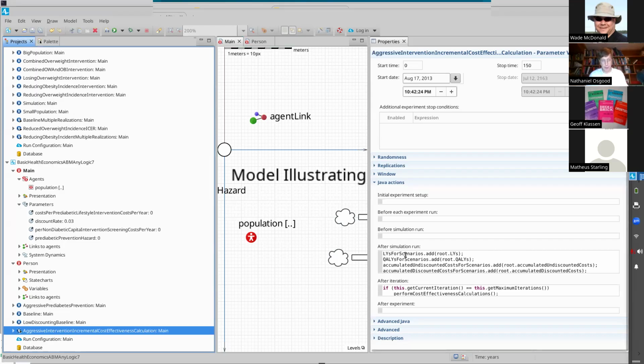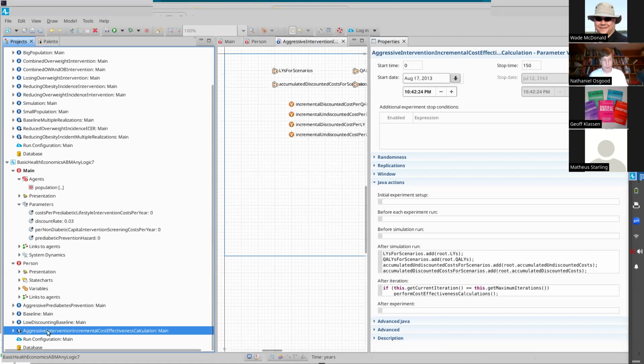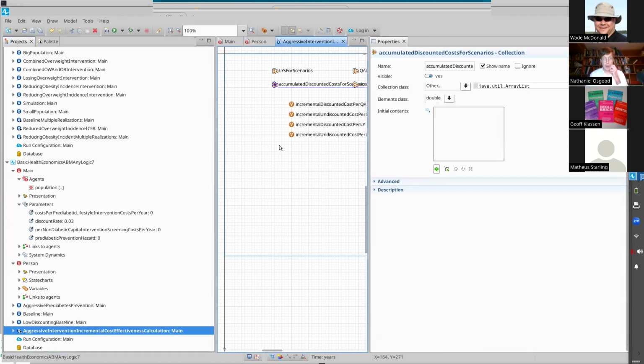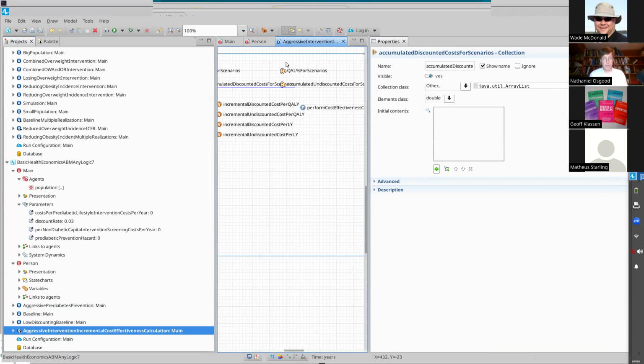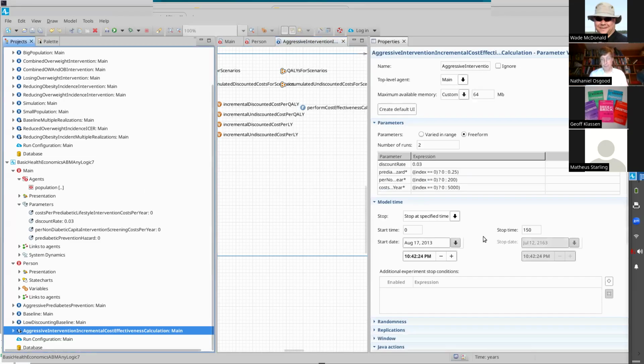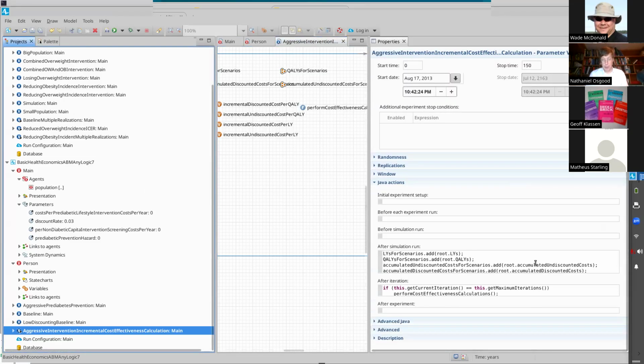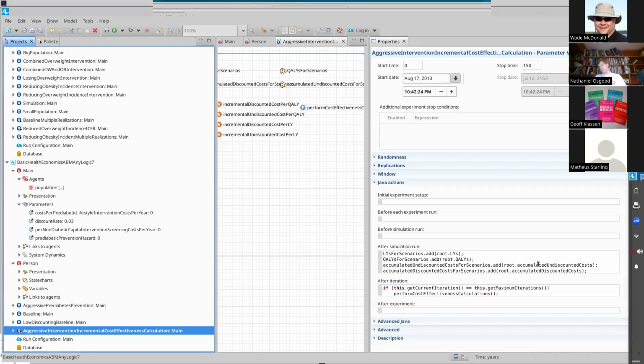So this life years for scenario and QALYs for scenarios, those are things here. They're so-called collections in AnyLogic that can store multiple values, like remember multiple values for different indices. Great. So each time we run it, store those away for the baseline, and store them away for the intervention.